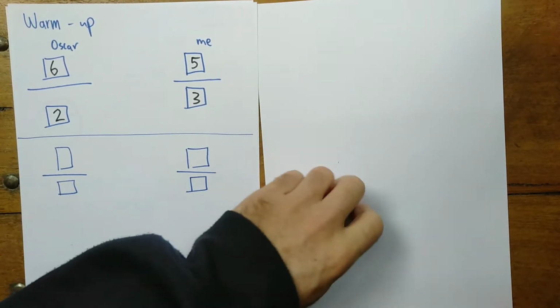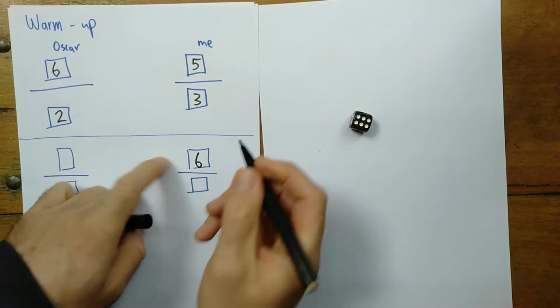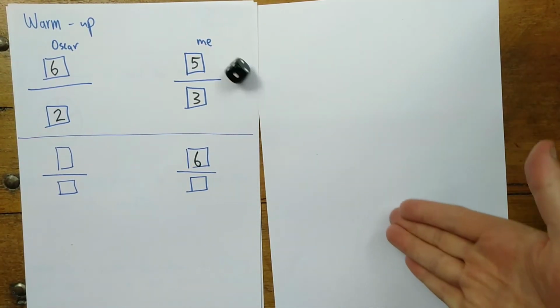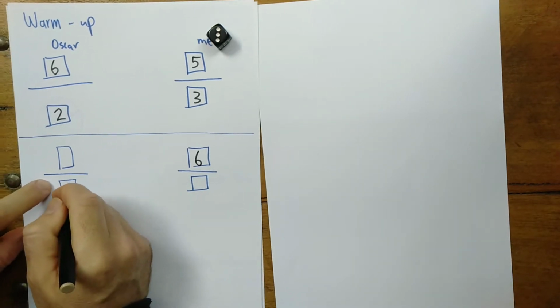This time I'll go first. Oh, how'd I go? I got a 6. I'm going to put it here. Would you like to go now, Oscar? Sure. 3, where will you put that? I'll put it down the bottom.